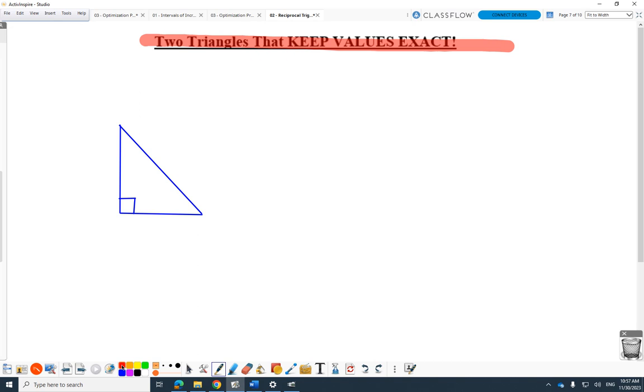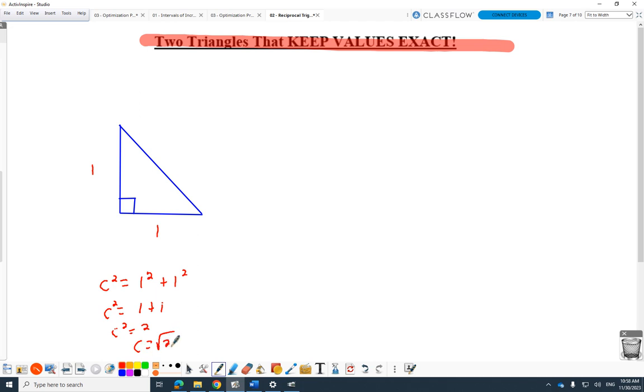So somebody said, well, the simplest triangle I can think of would have 1 on this side and 1 on that side. Let's talk about what else it would have if we start with 2 1s. Well, the first thing I notice is I can get the hypotenuse by going c squared equals 1 squared plus 1 squared, which is 1 plus 1, which is 2. So that third side will be root 2.